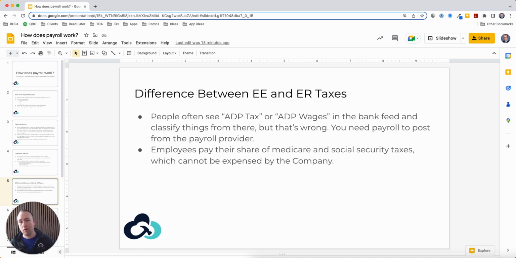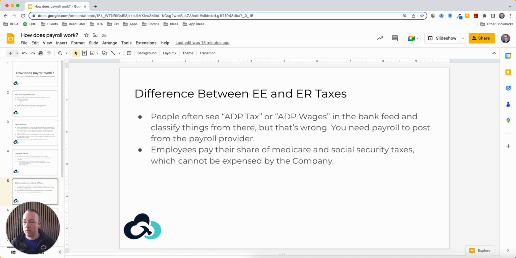And then on the company side, you have those exact same taxes. So you have to incur an additional 6.2% plus 1.45% of payroll tax expense. So it gets really confusing. A lot of people don't understand that the employee pays half and the employer pays half.